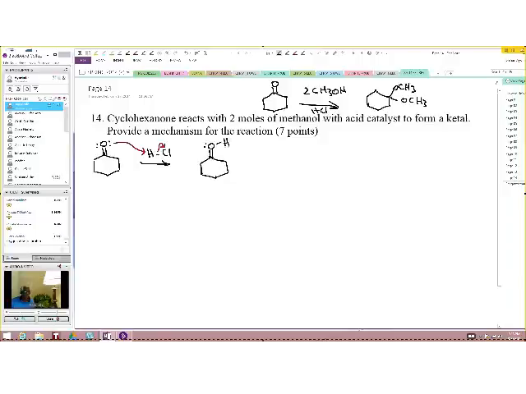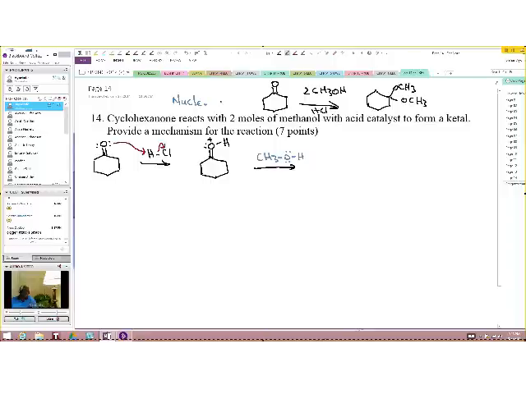Now, at this point, the methanol comes in. Let me use a different color pen. The oxygen of the methanol will act as a nucleophile and attack this electrophilic carbon.